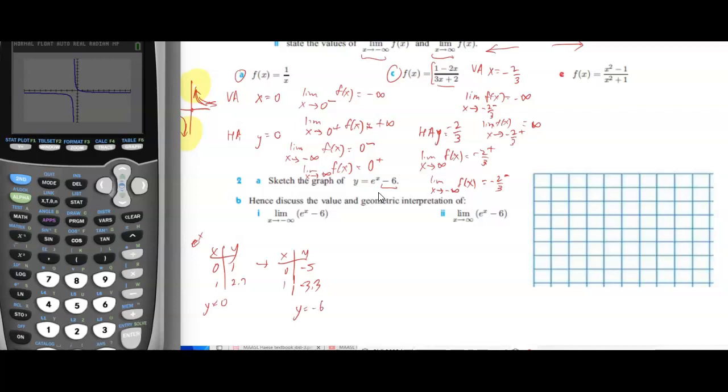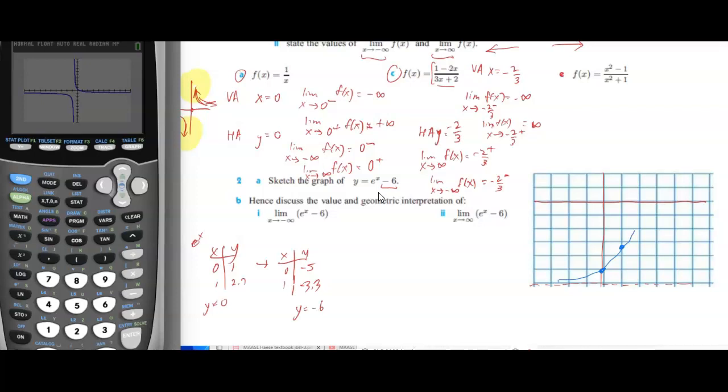Okay, so let's draw the asymptote at y equals negative 6, negative 5, negative 4, negative 3, negative 2, negative 1, and then this would be the horizontal asymptote, and this would be the vertical asymptote, and then our function would be (0, negative 5) and (1, negative 3.3). And then it would approach the asymptote. Something like that. Okay, so let's answer these questions now.